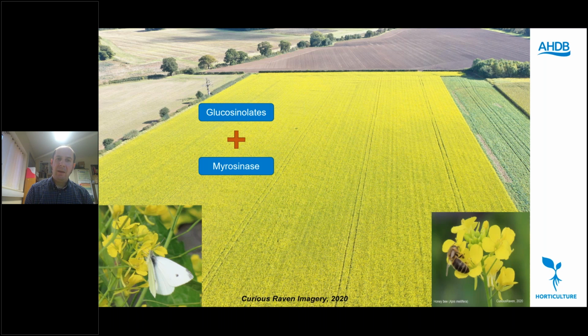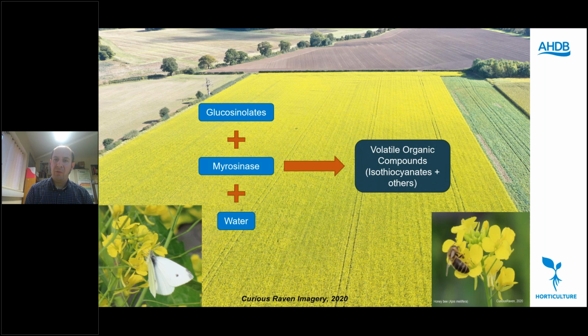This is where they peak, and if we crush these plants through chopping or bruising, then we'll cause the release of the glucosinolates, and at the same time, in separate cells in the plant, the release of the enzyme myrosinase. In the presence of water, coming from the plants within the vacuoles or from the soil moisture, the glucosinolates become hydrolyzed to produce a range of different volatile organic compounds.